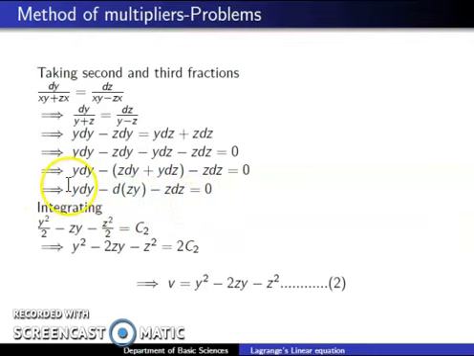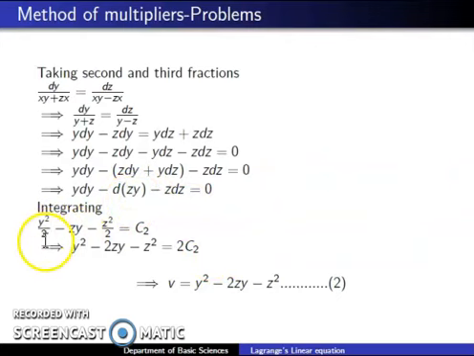Now we are integrating. We get integral of y dy is y²/2. What about the integral of d(zy)? We know that integral dx is x, integral dy is y, integral dt is t. Then the integral of d(zy) is the same as zy.